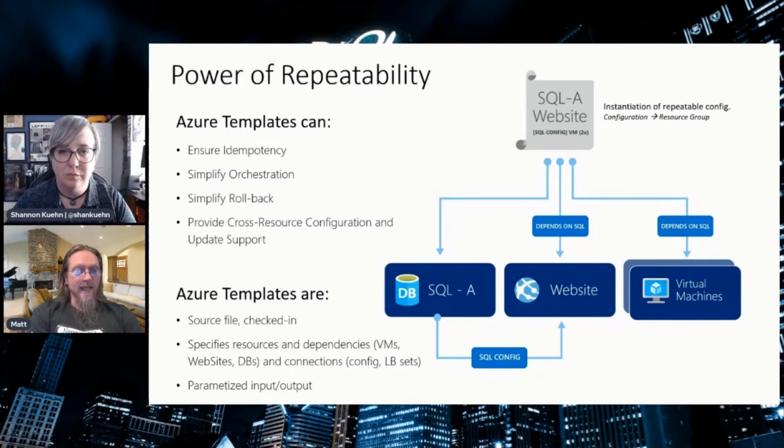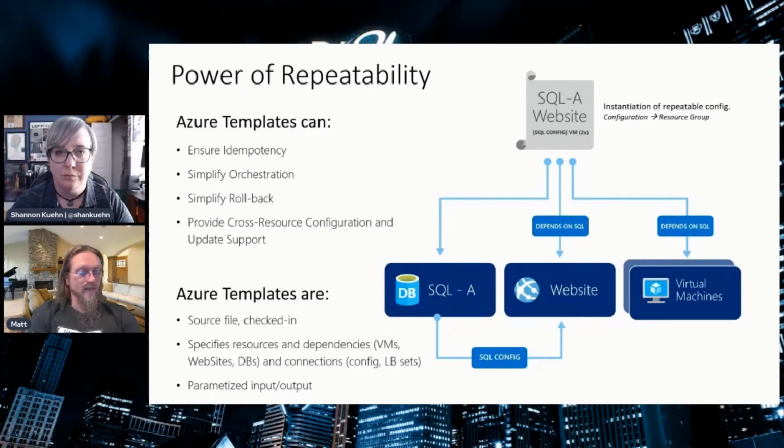It means I can then take that and change names and create my dev environment, change the names, maybe a couple of the VM size values or whatever we're changing, and deploy that exact same template and get the exact same result in test, and then deploy that again, maybe larger scale, maybe different naming conventions, and deploy it for production.